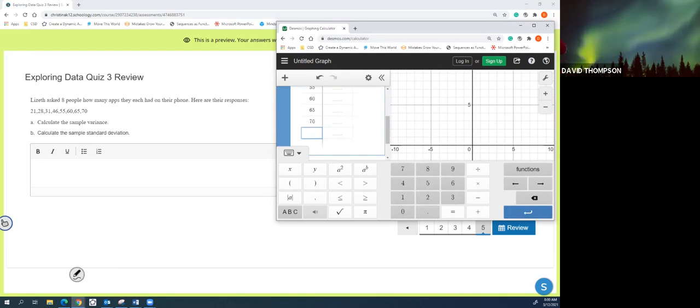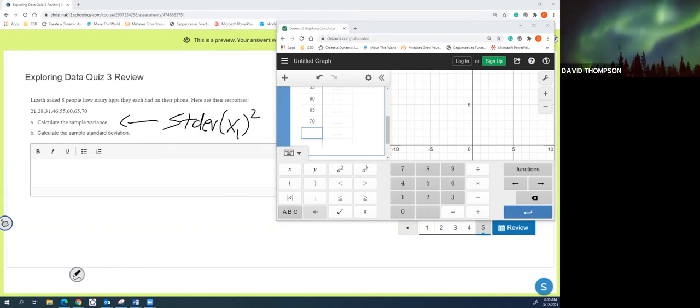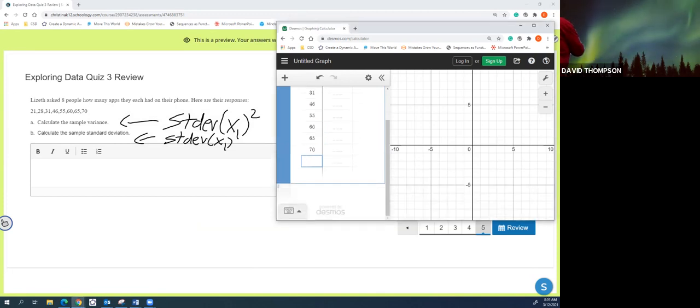Now, when we're dealing with sample variance, it's STDEV x1 squared. And then for sample standard deviation, it's just STDEV x1. So we're going to go to our next line.